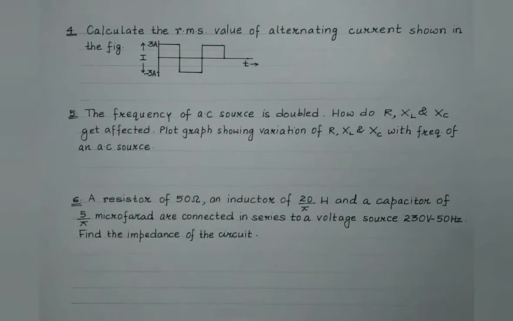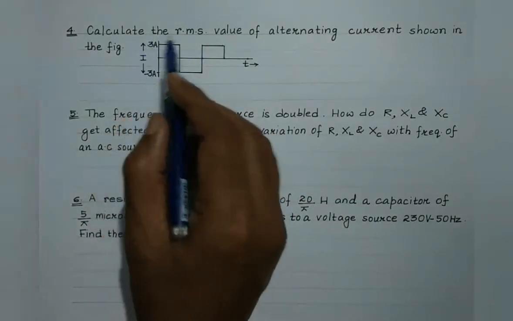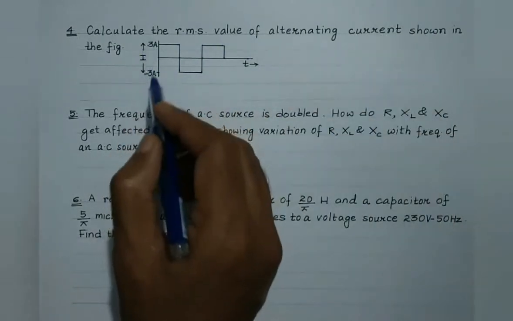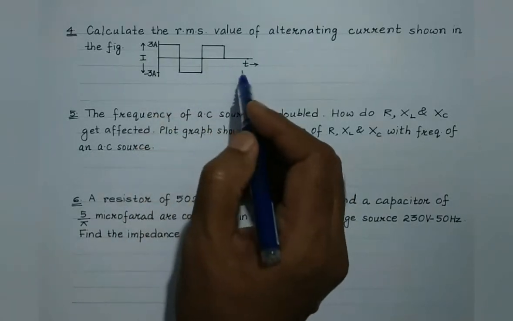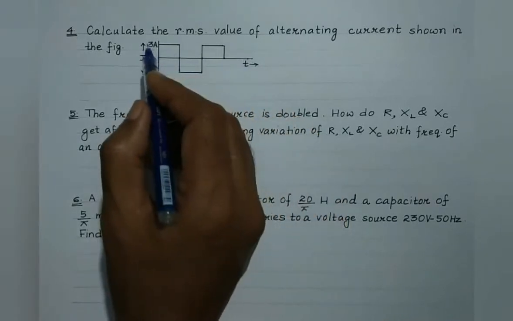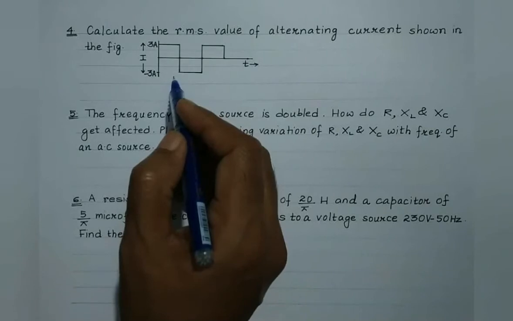Now let's proceed to question number 4. Now in this question, we are supposed to find out the value of the root mean square or the virtual value of the alternating current from this graph, right? So it's pretty clear, students. In this case, the value of current has either a value of plus 3 ampere or minus 3 ampere with the passage of time.